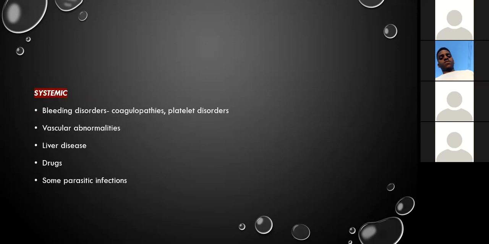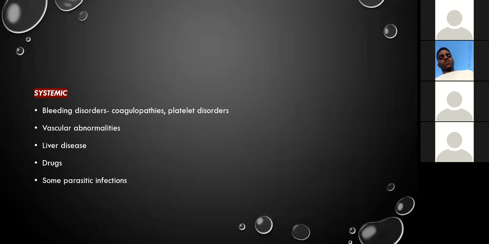For the systemic causes, you have individuals that could be having bleeding disorders, for example, coagulopathies. If you're having platelet disorders, then they're prone to bleeding, but not only in the nasal cavity, but also elsewhere. Individuals that could have vascular abnormalities are also prone to bleeding, and this I think should be more vascular abnormalities in the nasal cavity, so it should be more of a localized cause.